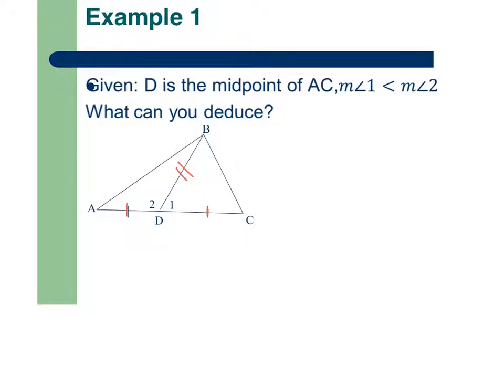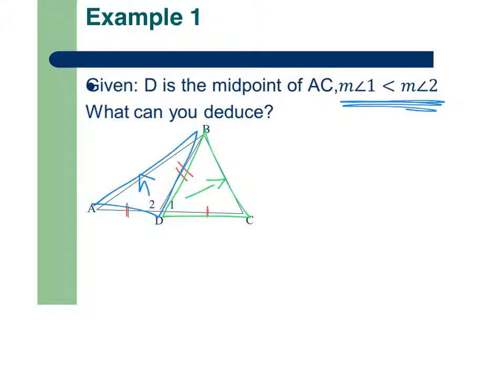So the two triangles we're talking about are this triangle here, the ABD, compared to the BDC. So what angle 1 is referring to is this side, and angle 2 is this one. So we know that angle 1 is smaller than angle 2 based on our given.